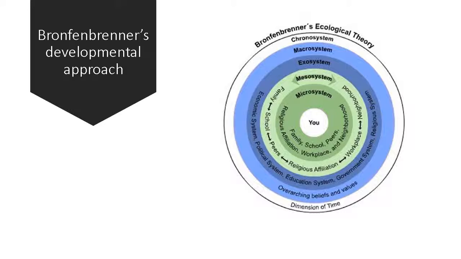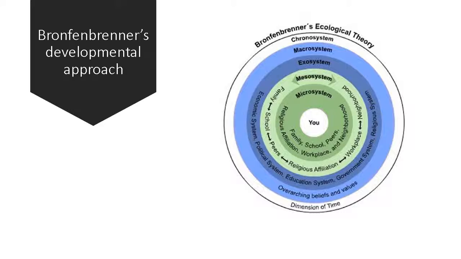Bronfenbrenner's bioecological theory of human development conceptualized the environment in terms of nested systems ranging from the individual to the chronosystem. As you can see on the little picture I have on the slide, from the inside, you are the developing individual. We have the microsystem, the mesosystem, which are the interactions between microsystems, the ecosystem, the macrosystem, and the expression of time, change over time, which is in the chronosystem.